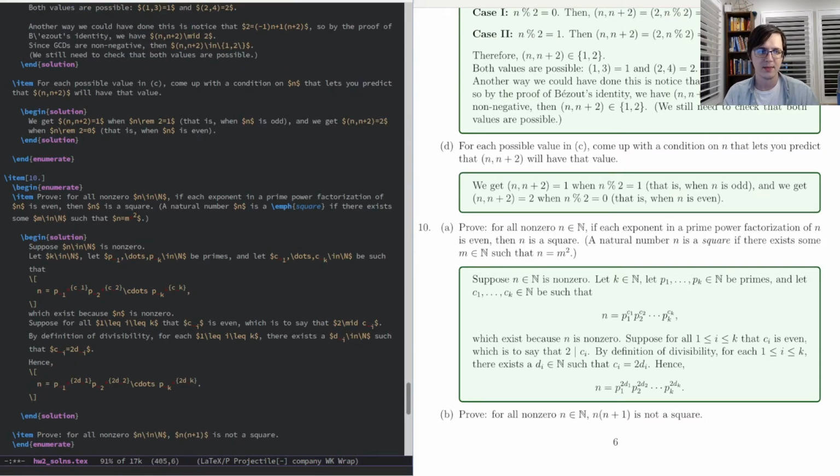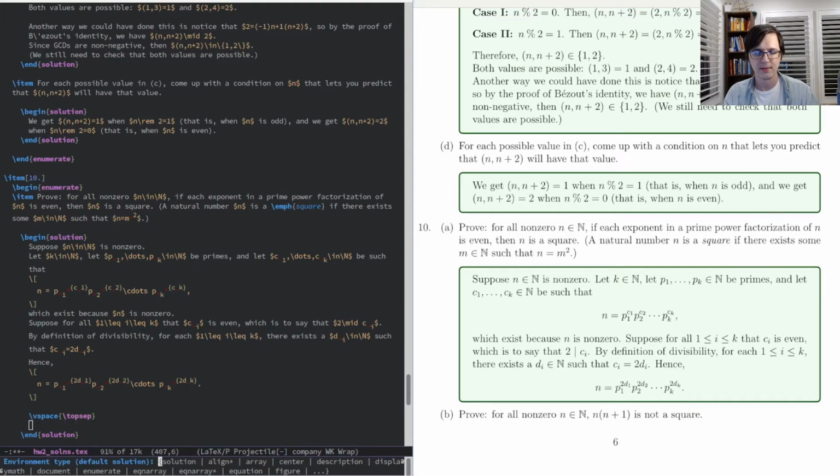So the claim is that for all k, or no, not k, for all L, for all 0 less than or equal to L less than or equal to k.